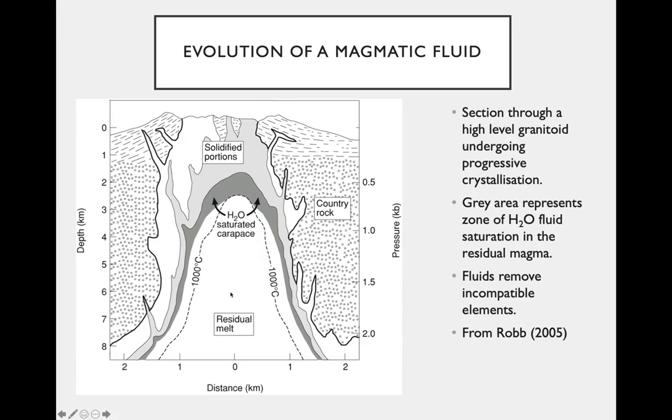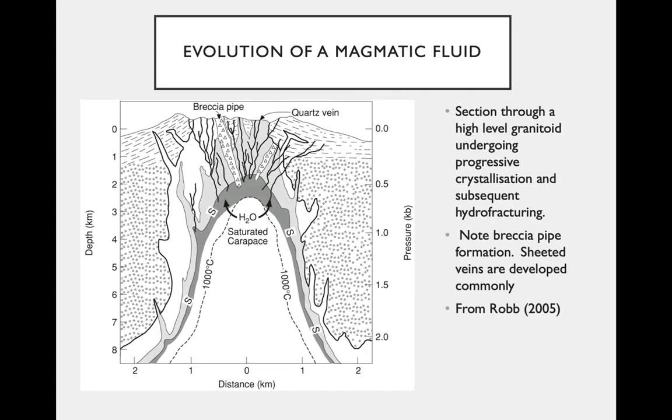This could be related to depressurization or first boiling, or the progressive crystallization and concentration of that fluid as a secondary boiling process. And this fluid takes incompatible elements, and particularly the metals, and then can lead to deposition of them into the system.